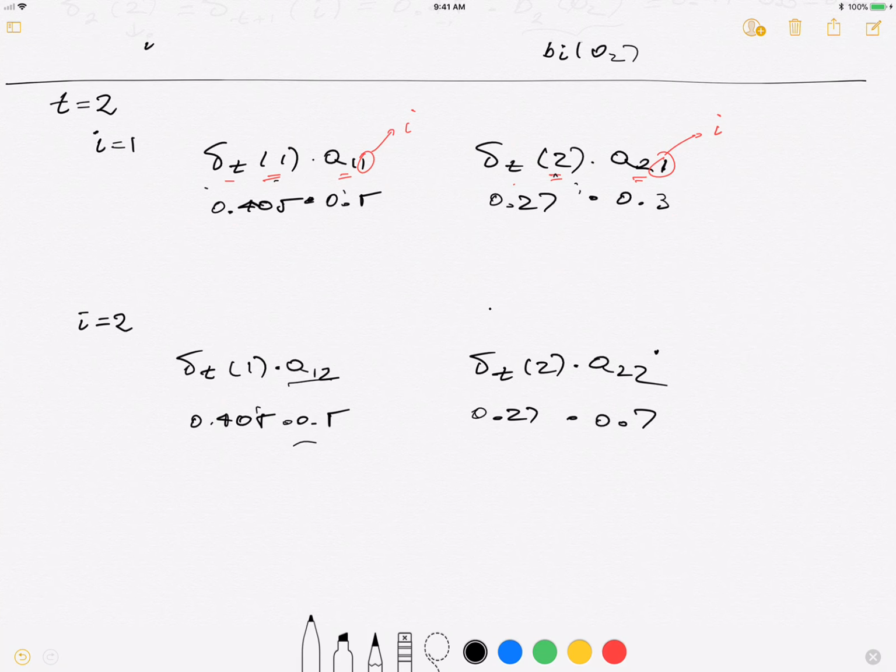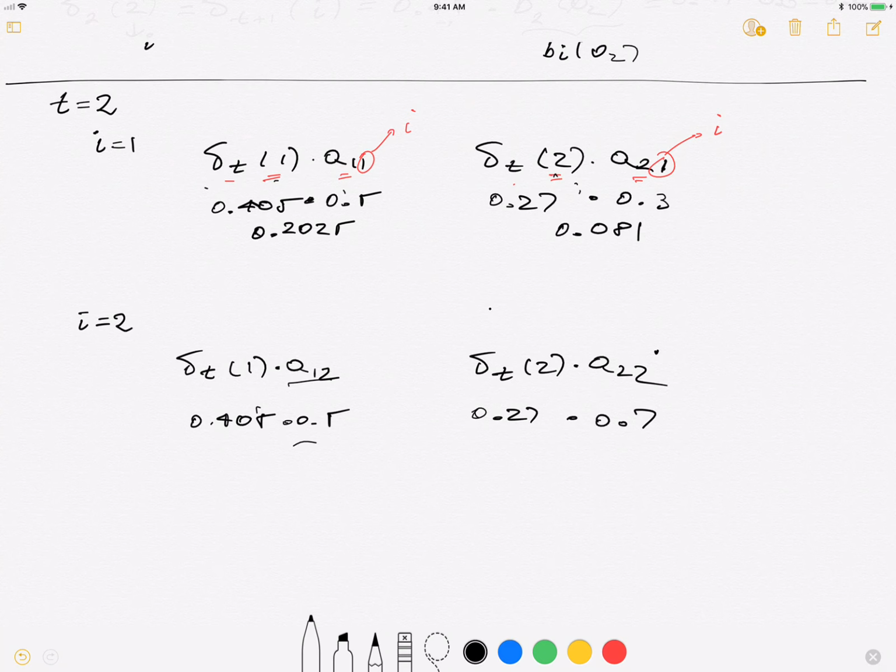0.405 times 0.5 is 0.2025, and the product of these two is 0.081.